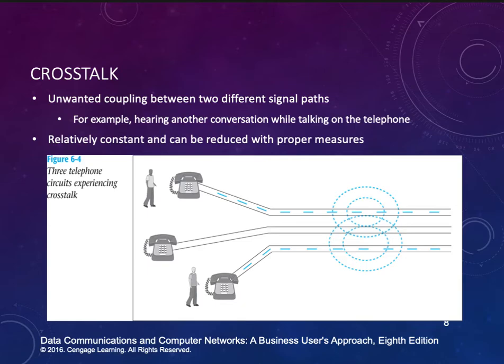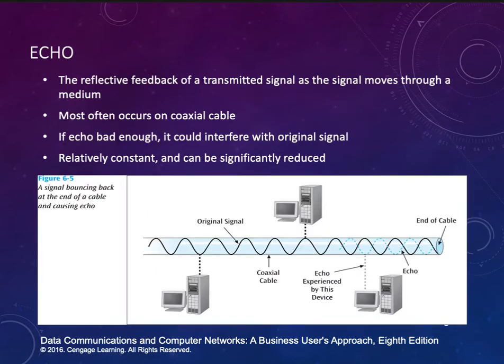There are times when you can hear it when you are calling the operator, but that is basically when there's another operator nearby. Next we have echo. The word explains itself, where there's a feedback sound, usually occurring in coaxial cable.